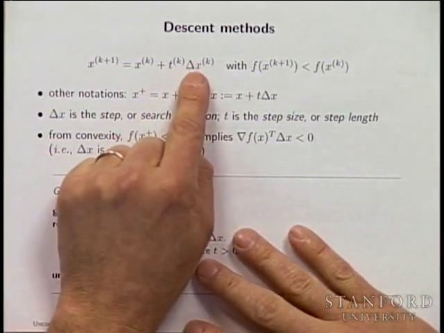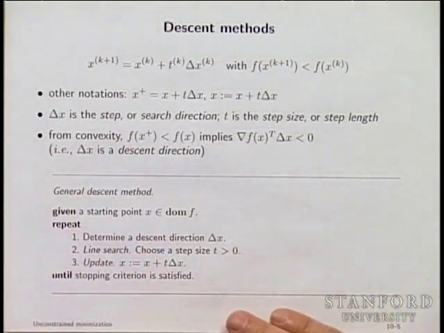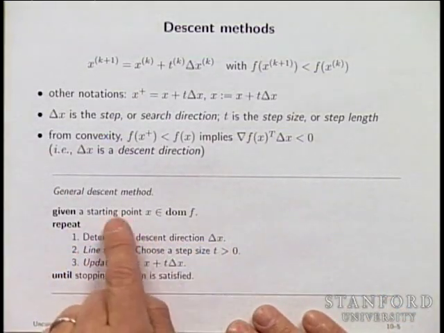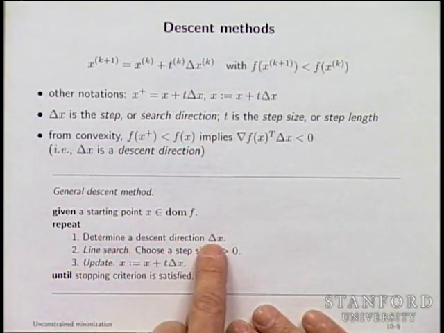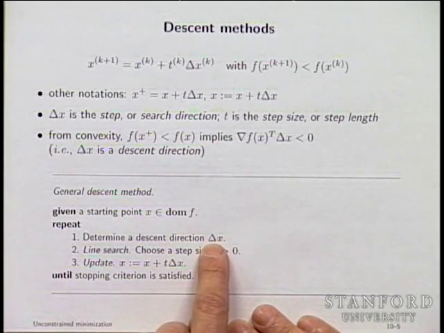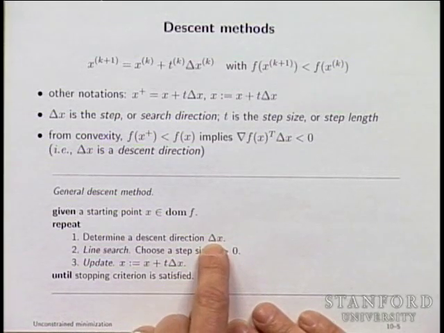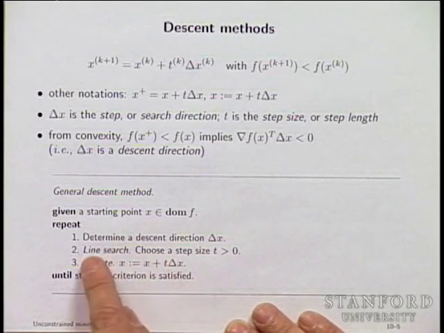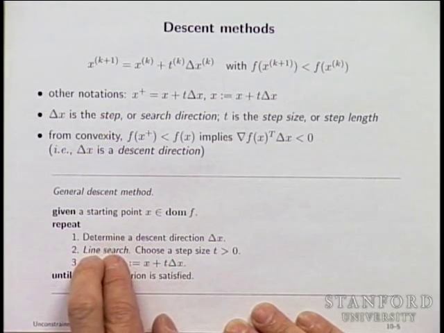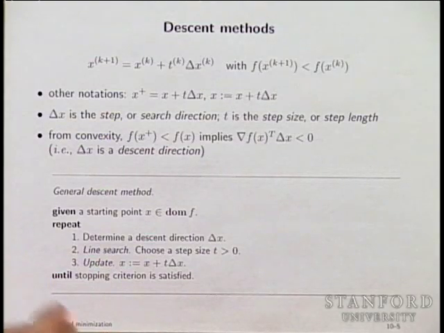It's generally divided into 2 steps. The general step goes like this. At each iteration you have a point x. You calculate at that point a direction to move in, and then you do what's called a line search, but in fact it's really more of a ray search because you only look for positive t. You find a positive step size, and then you update like this.